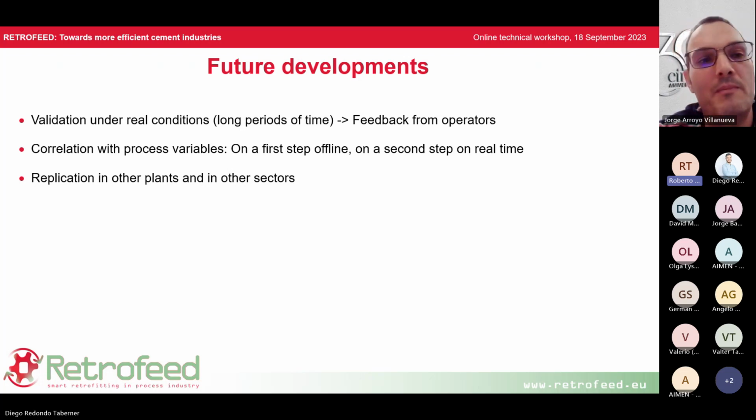This was not in the scope of the project, but we recorded all the features of the image, and one work to carry out after the project is to try to match these features with real process variables, and in a further step try to make it real time. And of course, one important thing is to try to replicate this in other cement plants, and in other sectors with rotary kilns, like the mineral sector and so on.